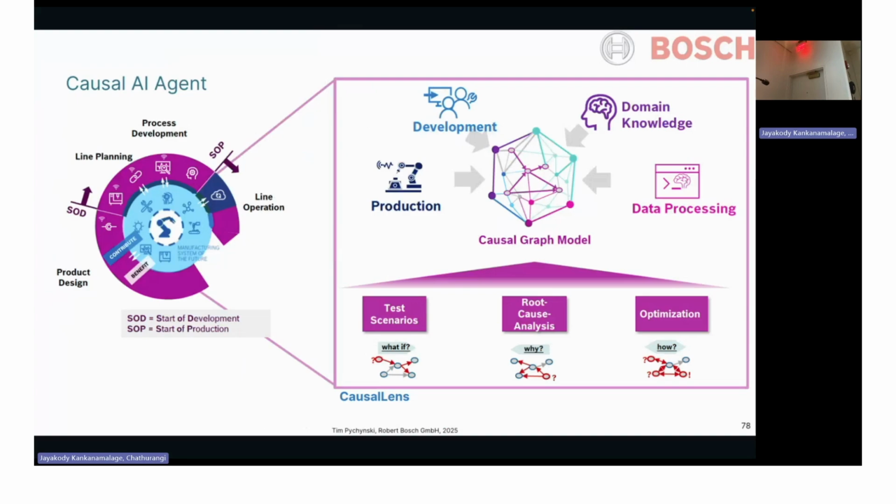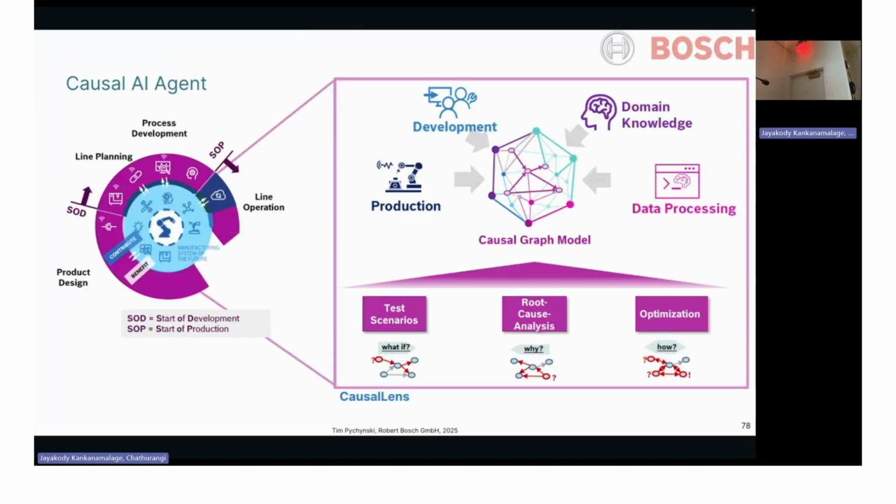And so at the heart of this causal AI agent is the causal graph model, which is kind of just the brains of the operation. So this is the model that understands all the causal relations between the variables within the production line, and also understands all the domain knowledge. Yeah. So in this diagram, the production data is the observational data, the observed parameters that we can get from sensors.